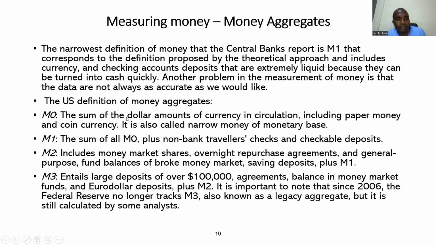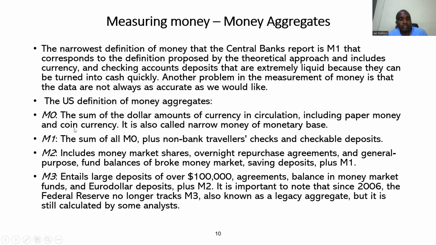So money aggregates. A long time ago in many economies, there was M0, but M0 no longer exists in most economies, including Zimbabwe. Whatever constituted M0, it's now under M1, and it's basically just your paper money and your coinage.